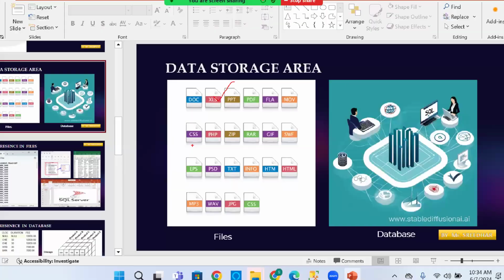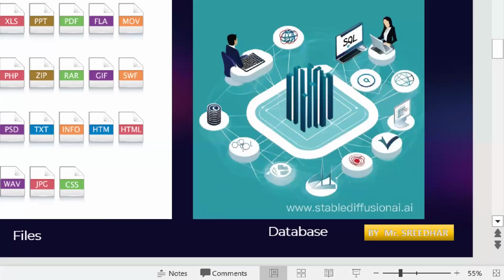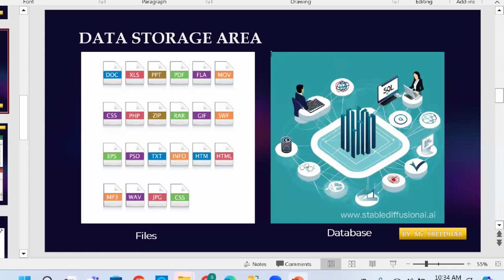How many Excel files are required throughout the world for the bank? Crores of Excel files are required. Is it possible to handle all these crores of Excel files? It's a very tough job. So to overcome all these issues, they introduced a tool called a database.